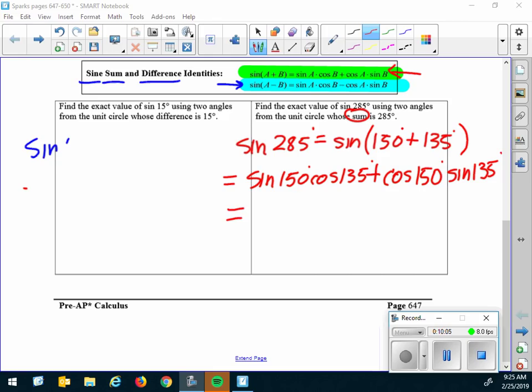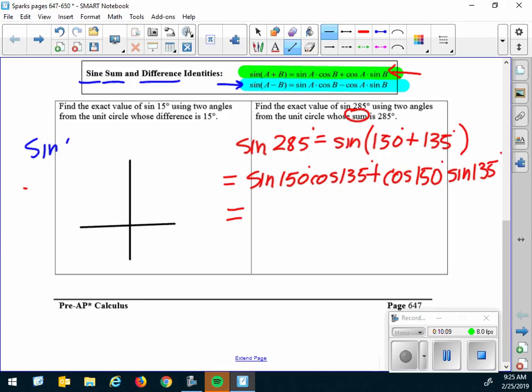Now you'll need to do a little bit of thinking here. 150 degrees is in quadrant 2 with a reference angle of 30 degrees. So the sine of 150 degrees is 1/2.